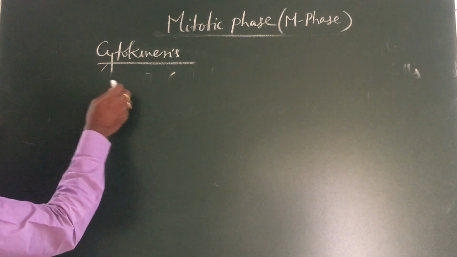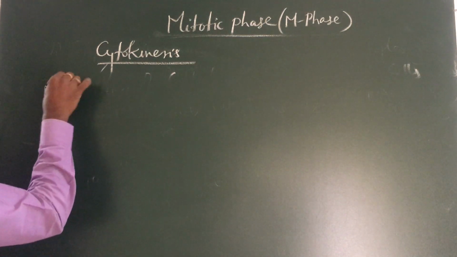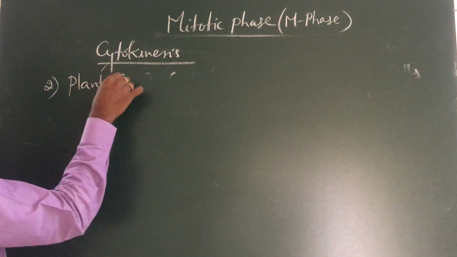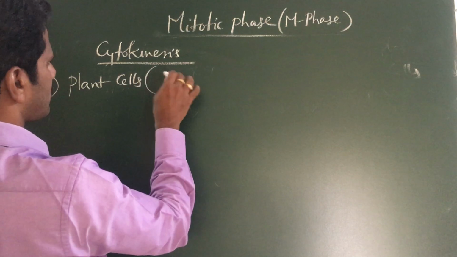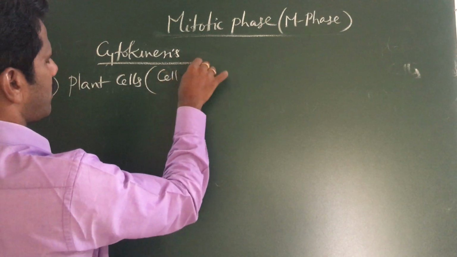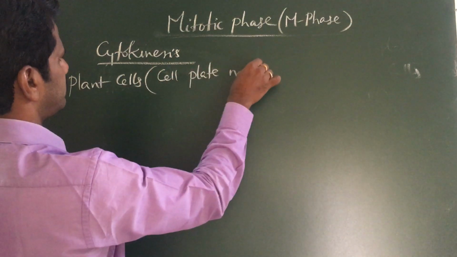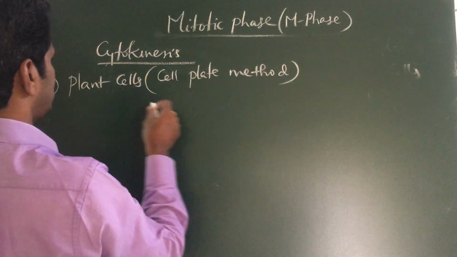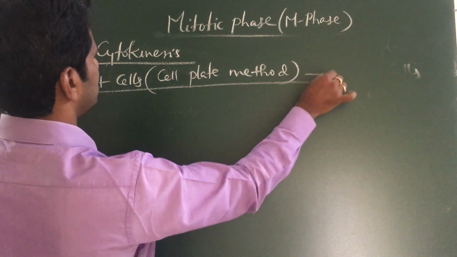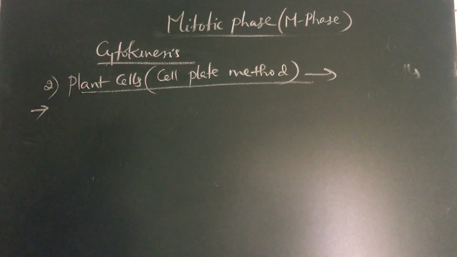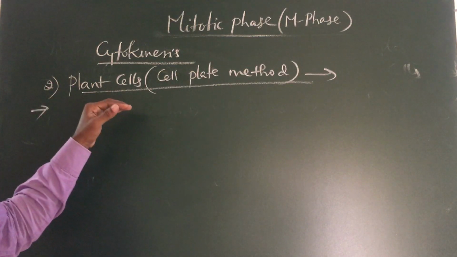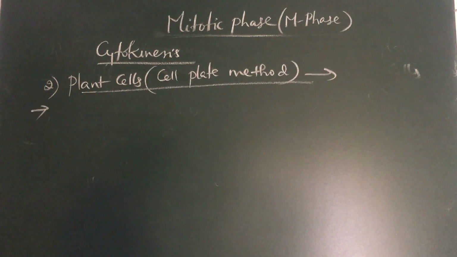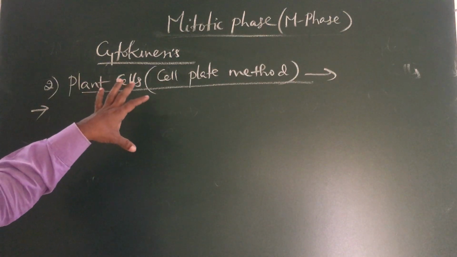So the second one, the plant cells. Here, how is the cell plate formed?